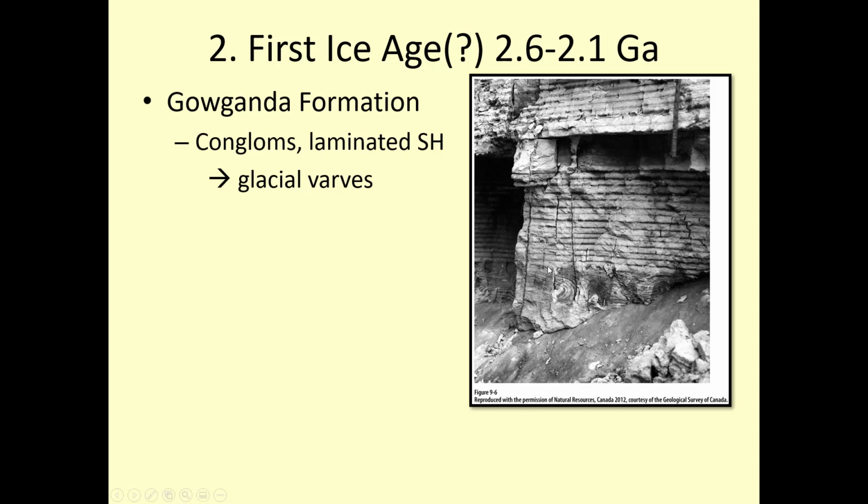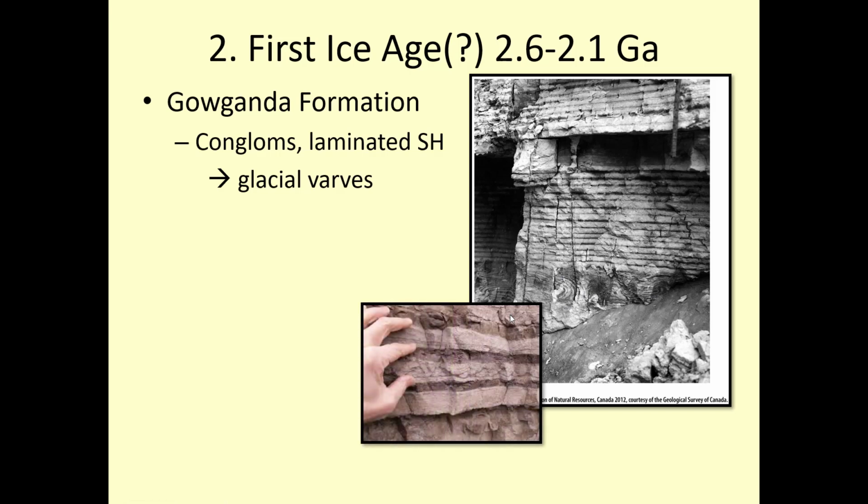And so these are your laminated shales here. They are interpreted to be glacial varves. This is the conglomerate layer down here. Here's a modern example of some glacial varves that were deposited during the last ice age. So glacial varves are interpreted to be ancient glacial lakes.